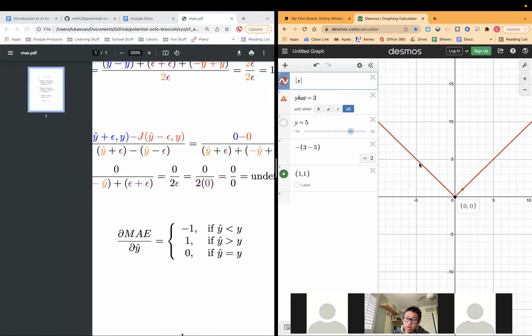And this is technically the same thing, because if you look on the graph, when your input is negative, your output is a straight line this way, and this straight line's slope is -1 every single time. But if your prediction is greater than the actual answer, then you have a slope of 1 and it's another linear line. So that's why you get these values.